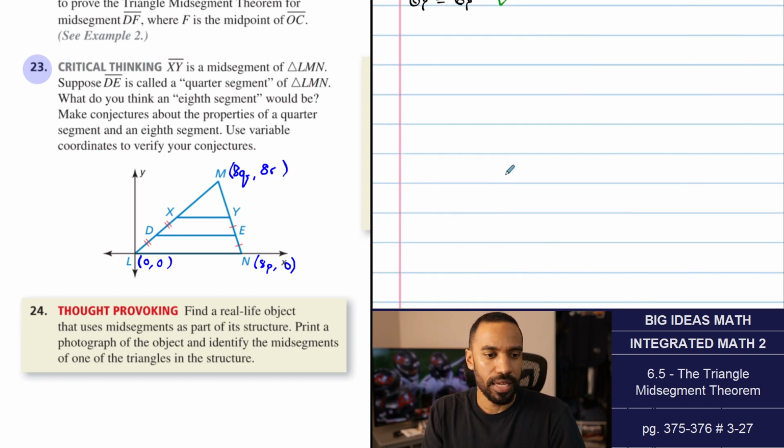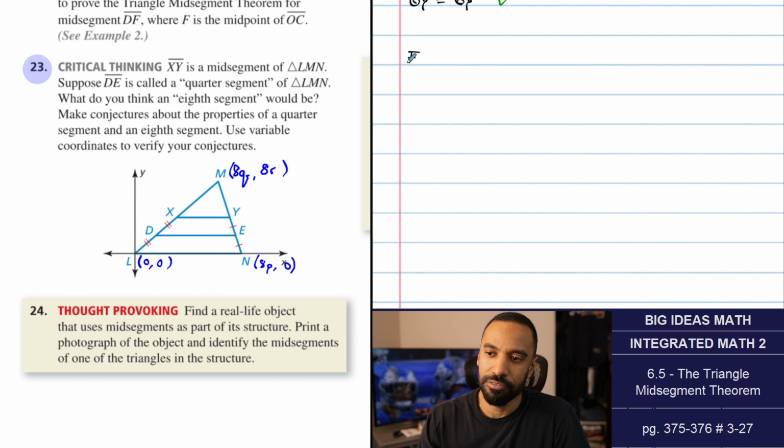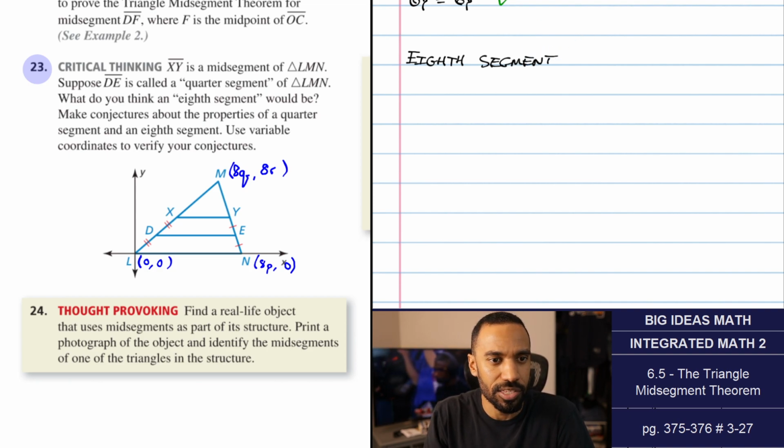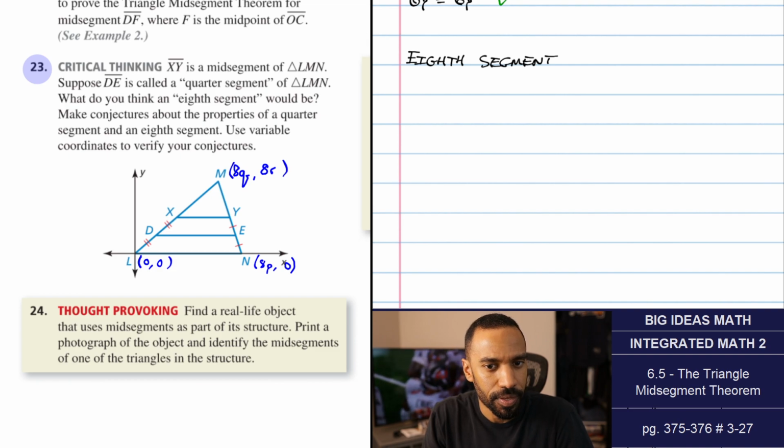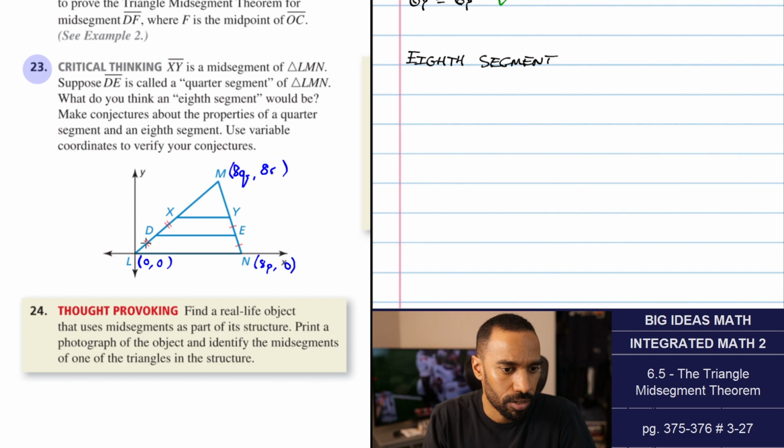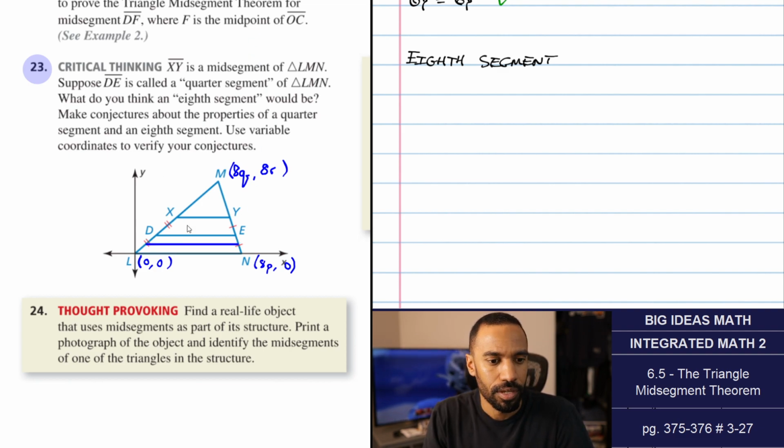All right, let's do the 8th segment. Now, I don't think I have to do quite as much, or maybe I do. At least we have the idea of what to do, and we can label parts that we already have. See, the 8th segment, I have to do another labeling. In here, I'm going to have to make a whole other line. And the 8th segment looks like it gets to be even closer to LN.